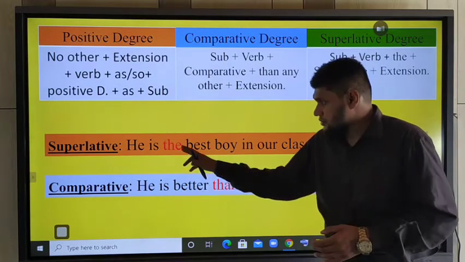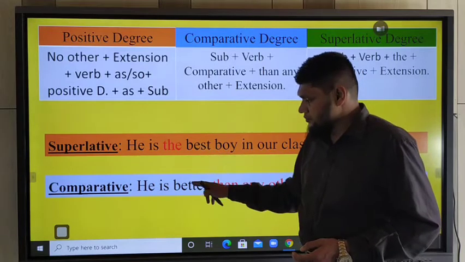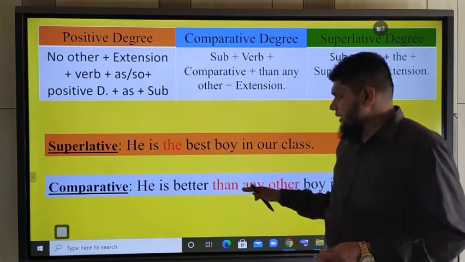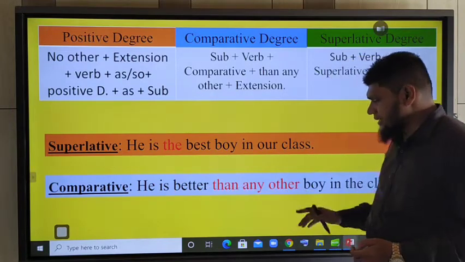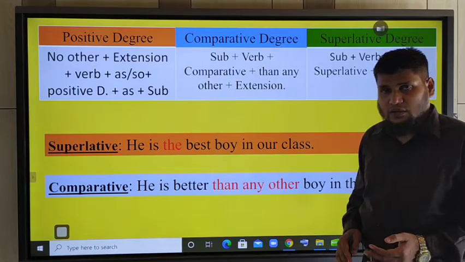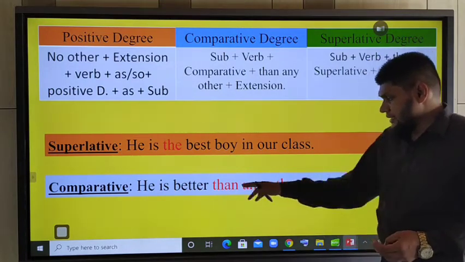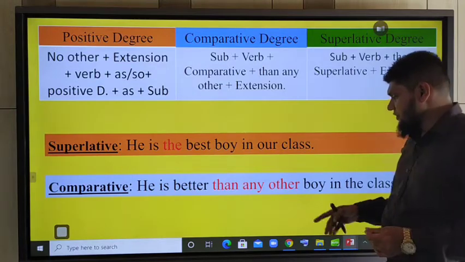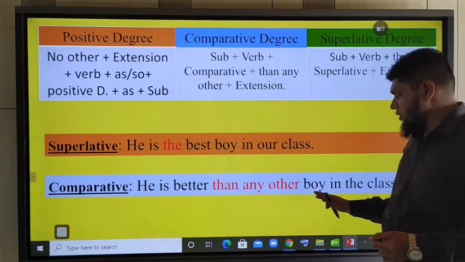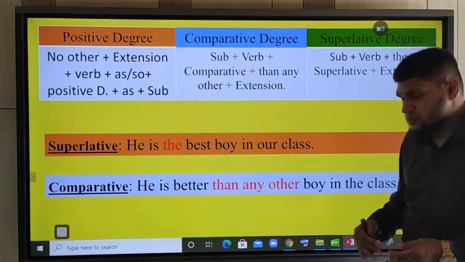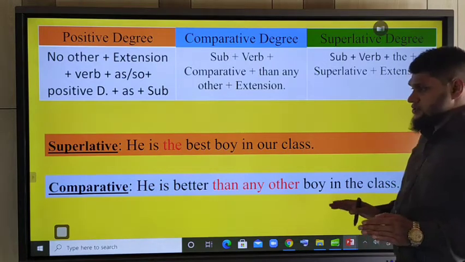Okay. Then after the comparative form of the adjective, you should use then any other or then all other. You should use then any other, it should be suitable. If the noun is singular, you should use any other. If the noun is plural, you should use then all other, like this. Okay, and then the extension of the sentence. Understand? So it's very easy.